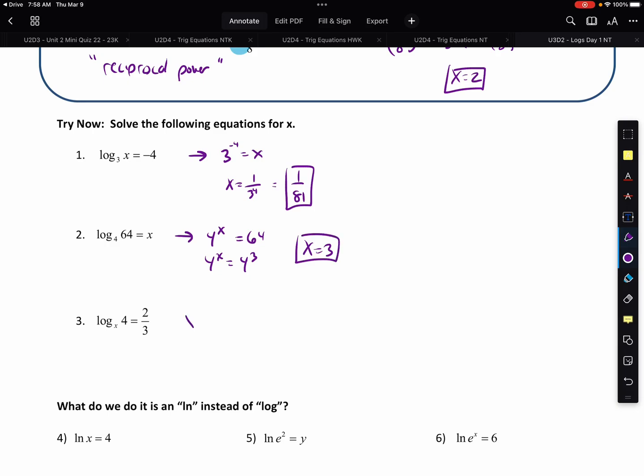All right, solving for the base, x to the 2/3 equals 4. Use the reciprocal power. Remembering with the reciprocal power, that is the square root of 4 to the 3rd power. So 2 to the 3rd equals 8.